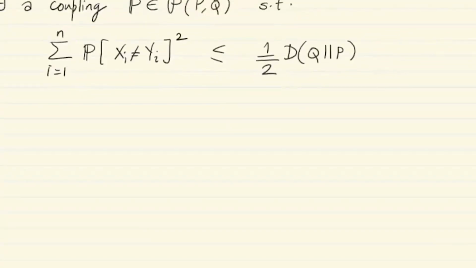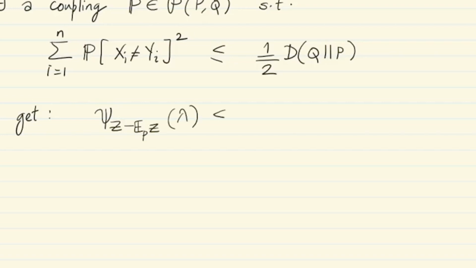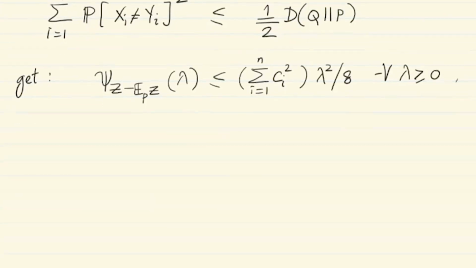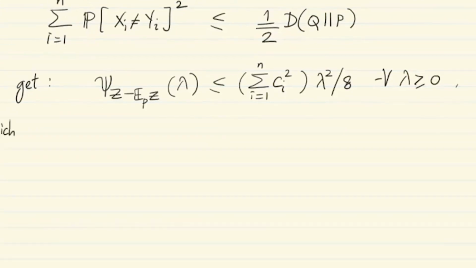So using the transportation lemma, we can just push this through to get the log moment generating function of Z at lambda being bounded by the sum for i equal to 1 to n of Ci squared into lambda squared by 8 for all lambda non-negative, which in turn will imply a right side tail bound for the deviation of f of x about its mean.